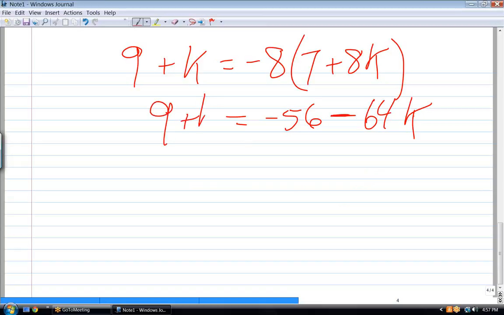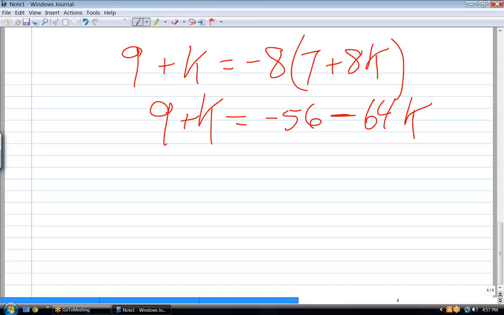Okay, so I got 9 plus k equals that. Now what? You have to add 56 to both sides. Is that what you want to do? Look at the variable first. Which side are we going to end up on the variable?